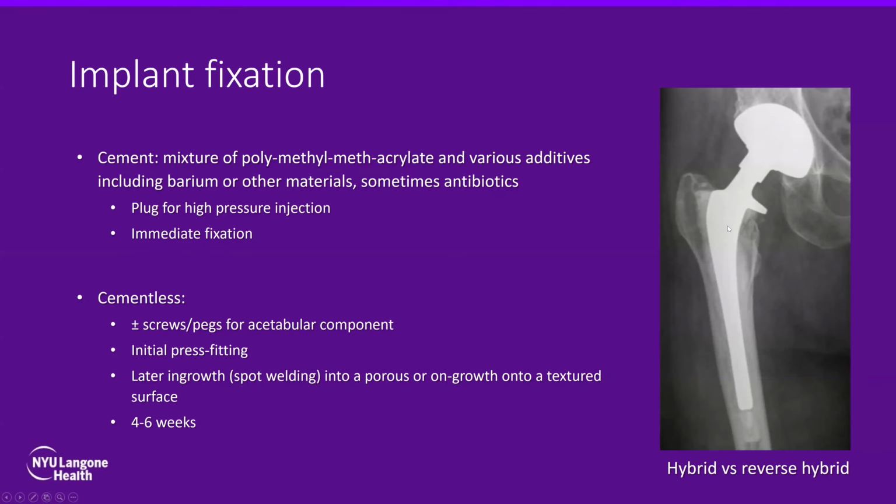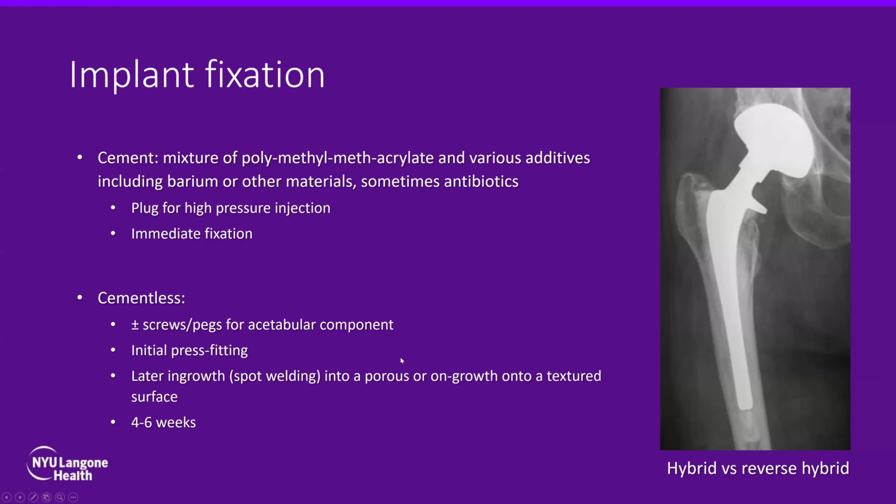The way they do the cementation is that they don't want to fill up the entire medullary canal with cement, so they put a plug there and fill the medullary canal with cement, and then they advance the femoral component into the cement. If you see something like this, that's a normal bone plug that they put there to prevent cement from filling the entire medullary canal.